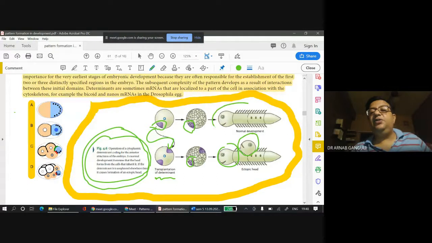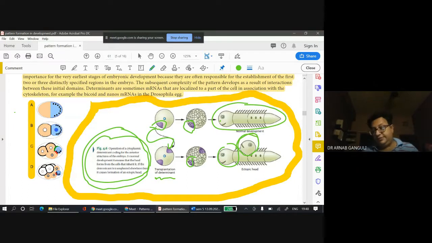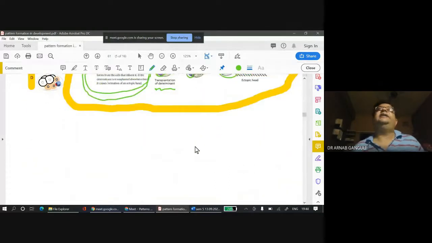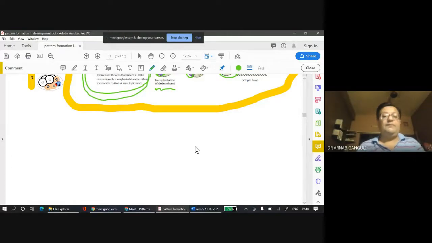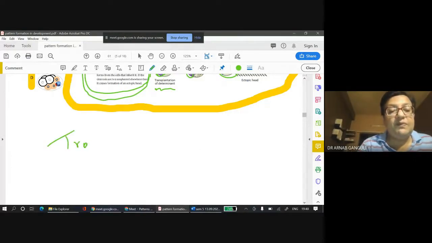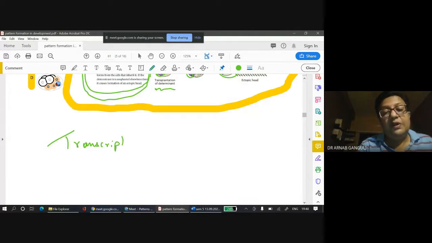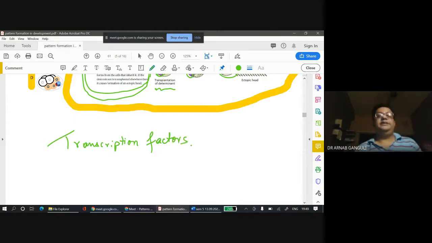Here it is not transplanted, so the normal organism is formed. This region will form the head. Over there, a second head is formed. That is because of the presence of certain cytoplasmic determinants which are present in this region. If you pluck it from here and put it over here, two heads will be formed. This is a cytoplasmic determinant. Normally they are transcription factors.